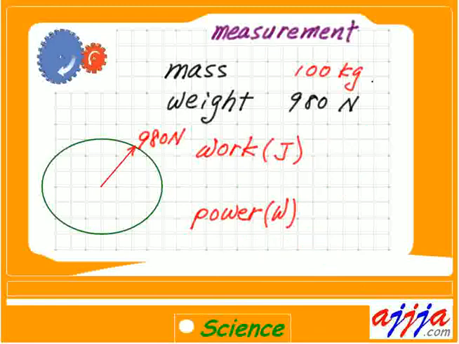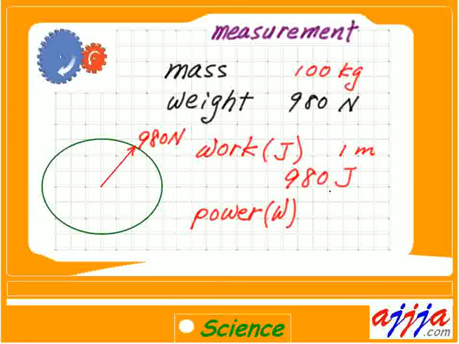100 kilograms, then weight is 980 newtons. 980 newtons, you move, let's say, 1 meter. Then we call what? That's right, you just multiply this one, 980 joules. Work.